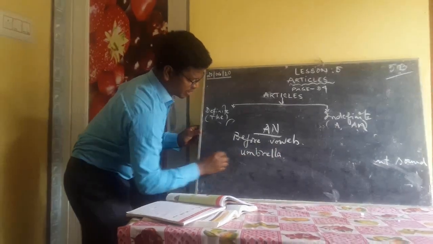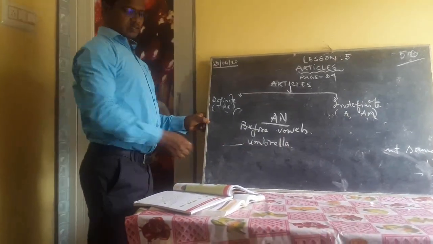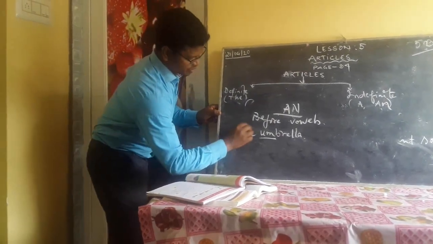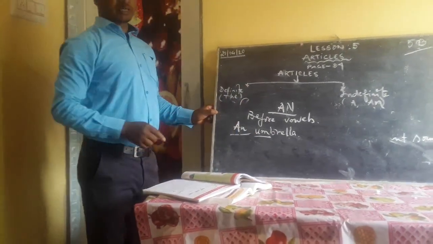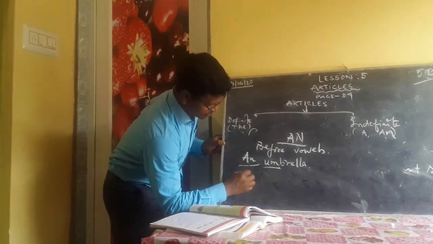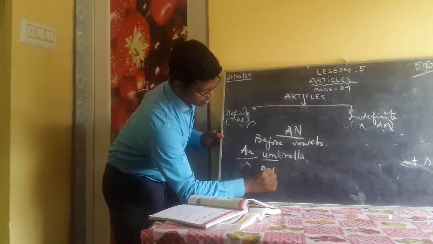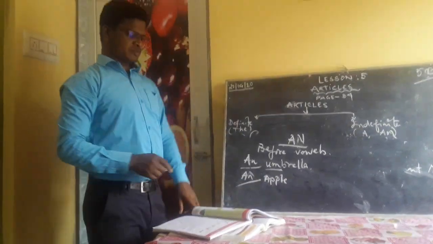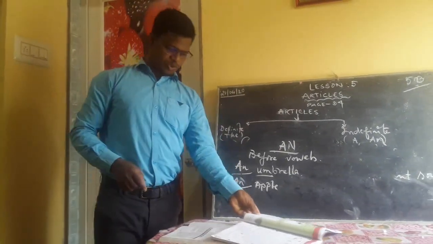You see, this word is pronounced umbrella, so we'll write an umbrella. When you write apple also, before that you will have to write an apple. So remember this usage.